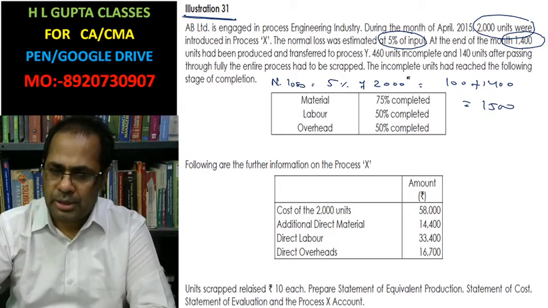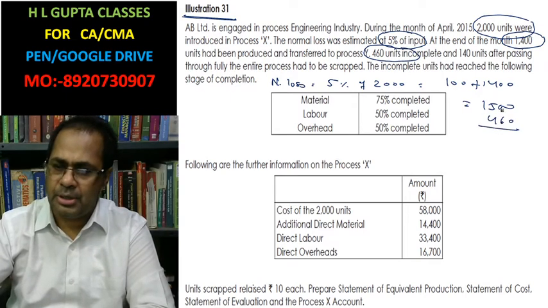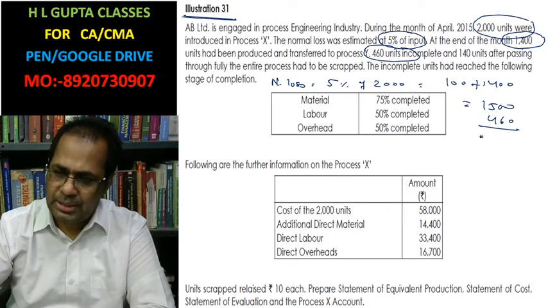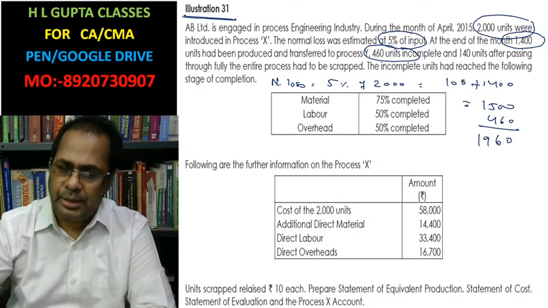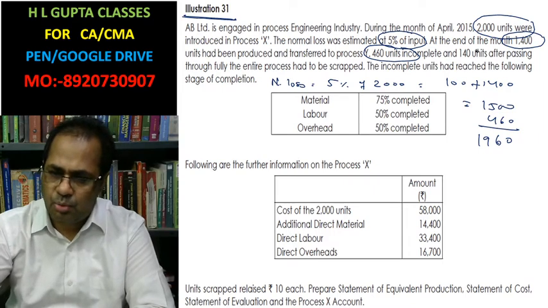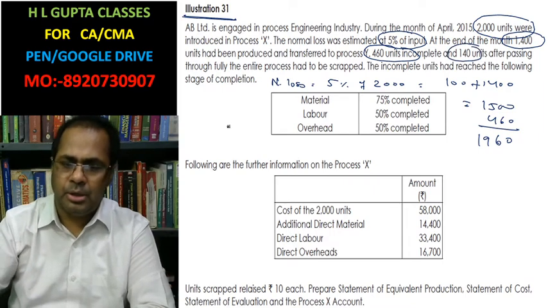Look here, 460 units incomplete, so the total is 1960. Actually the scrap is 140.